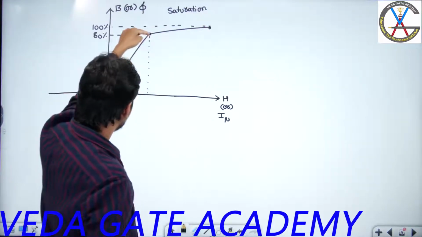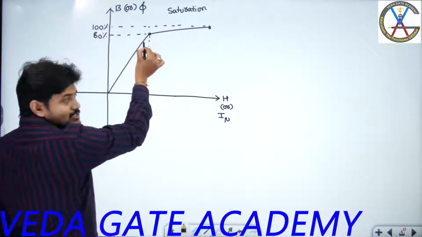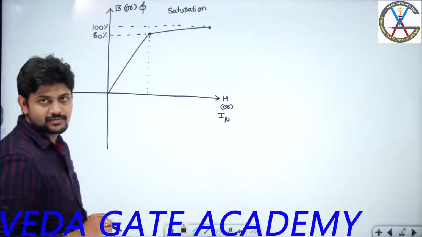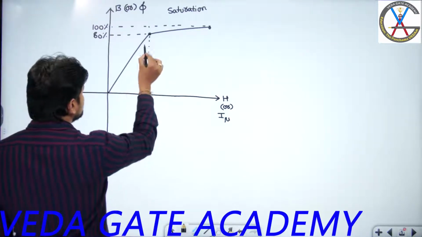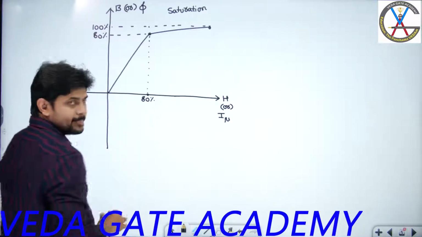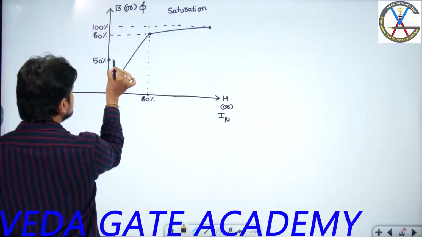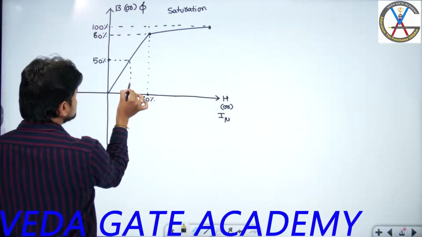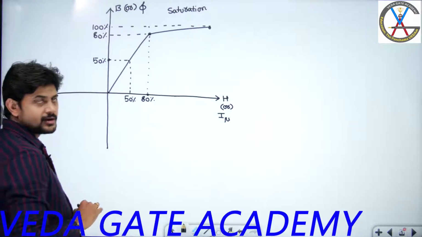Obviously the difference between this point and this point is less. So in a linear region, in order to produce this 80% of flux, I require 80% of current. For suppose, if I am considering this is 50% of flux, in the linear region I can say to produce this 50% of flux, I require 50% of magnetizing current, right?